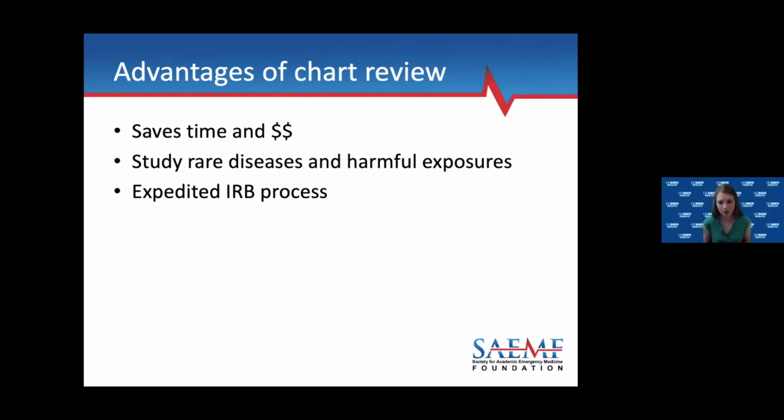Last, but certainly not least, chart review studies usually qualify for an expedited IRB review process. At my institution, a chart review study can usually be approved within days to weeks, compared to weeks to months, or sometimes even longer, even for a prospective observational study, sometimes even longer for a clinical trial.